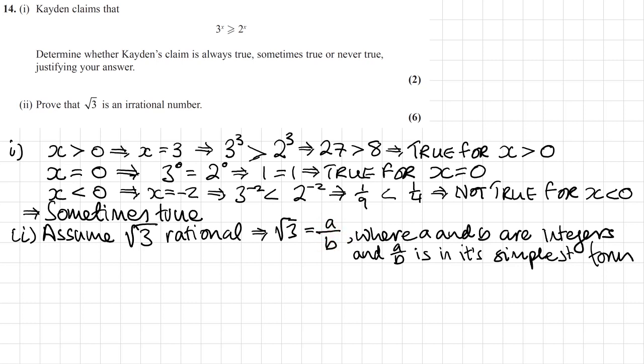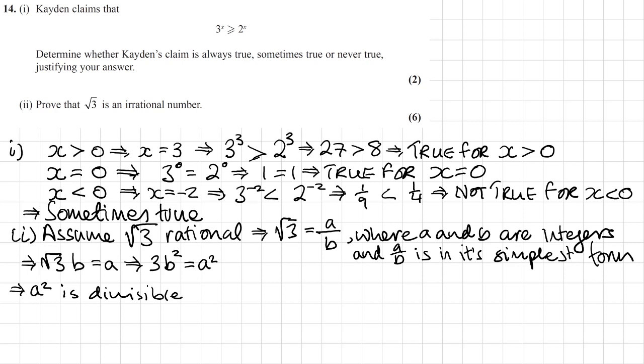So next step is we're going to take what we've written down and we'll multiply both sides by b. So I'll have root 3 times b is equal to a. We'll then square both sides, so we'll get 3b squared is equal to a squared. Now you've got 3 times something gives you a squared. That basically means that a squared can be divided by 3. So a squared is divisible by 3.